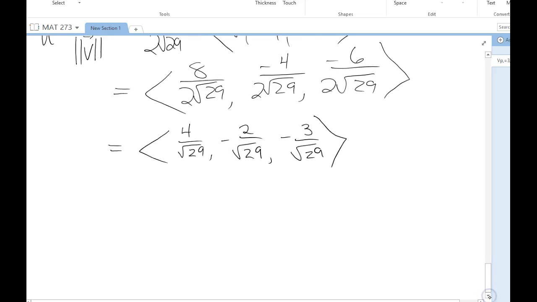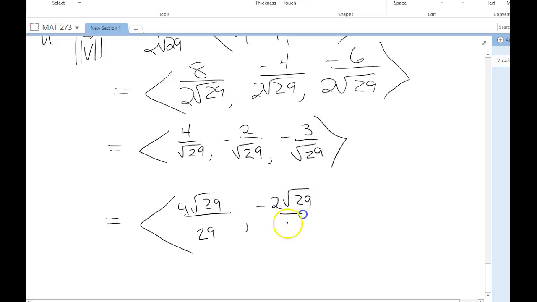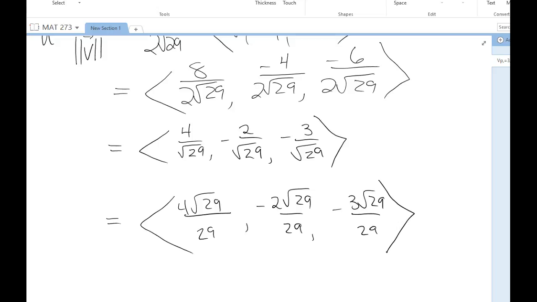So to rationalize, we're just going to move that root to the top and cancel off the root symbol in the bottom. And you should check to see if anything new simplifies, but it doesn't. I think 29 is prime. It's not going to be able to do anything with it.